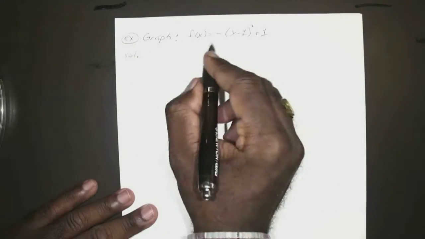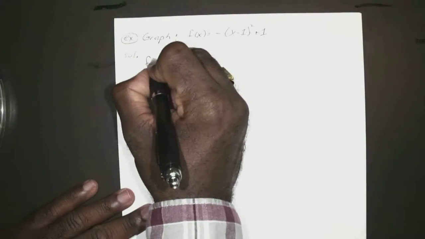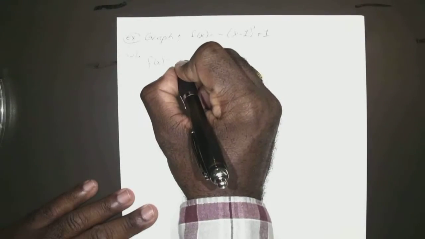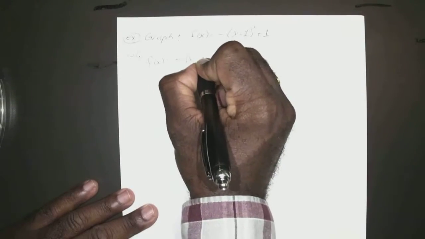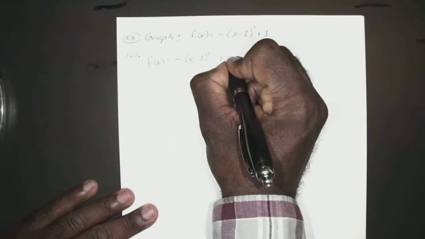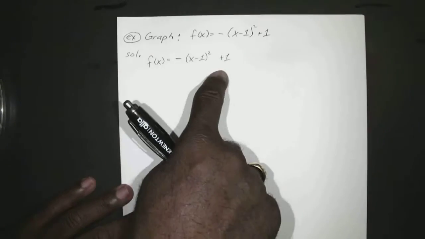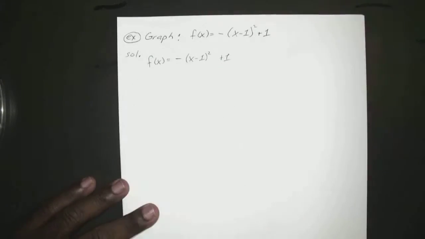So just a breakdown of everything that's going on there. So f of x equals negative (x minus 1) squared plus 1. This 1 on the outside means it's going to shift up 1 unit.